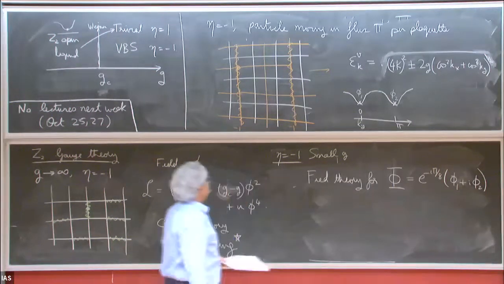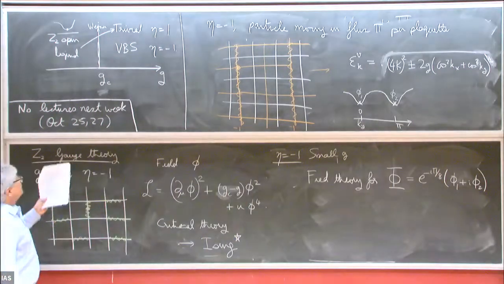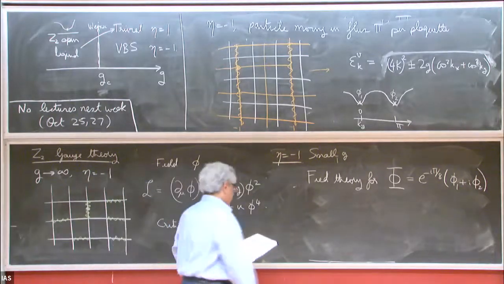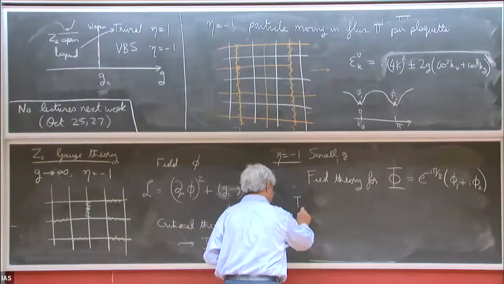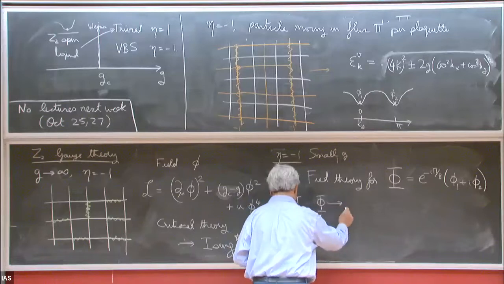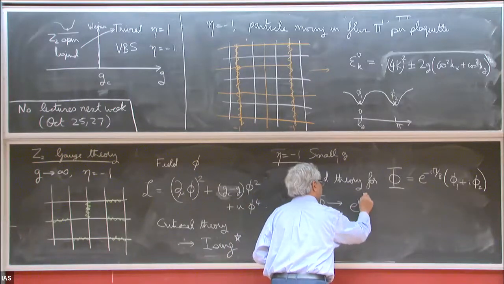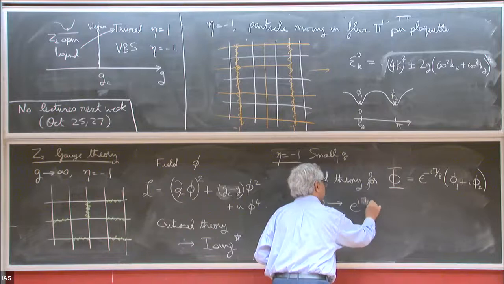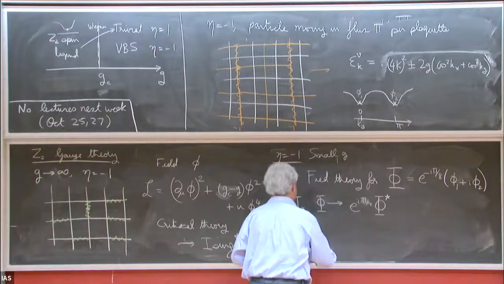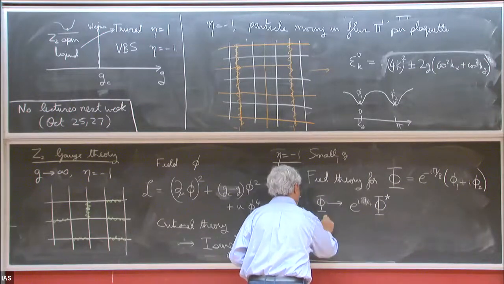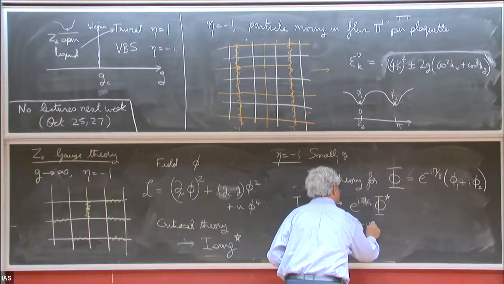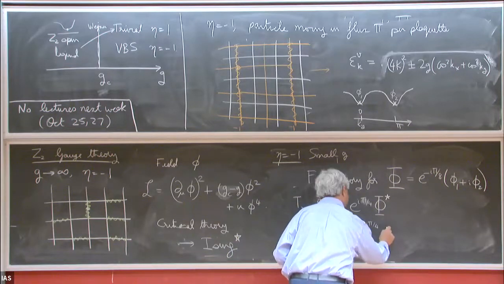And then you can take operators that act on the Hamiltonian, which commute with it, in particular translations and rotations. And the operations turn out to be: Tx takes pi to e to the i pi over 4 pi star, and Ty takes pi to e to the minus i pi over 4. This is on the square lattice.